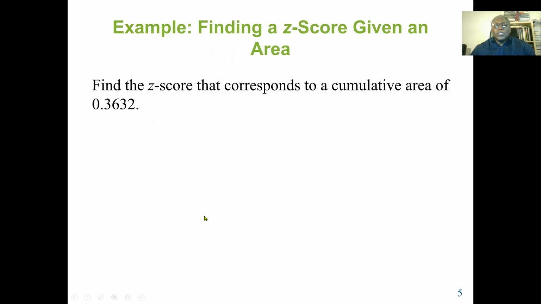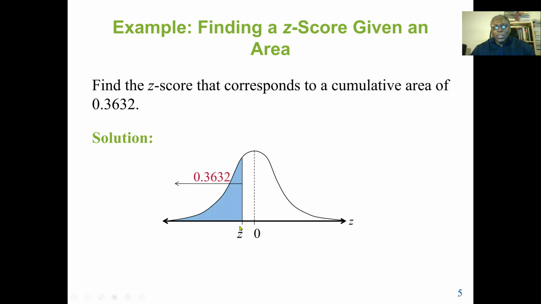Here the question says we should find the Z-score given an area. Find a Z-score that corresponds to a cumulative area of 0.3632. So the cumulative area of 0.3632 is our p-value, and it looks something like this. We have our normal curve, and the area for 0.3632 is given. Our goal is to find a Z value.